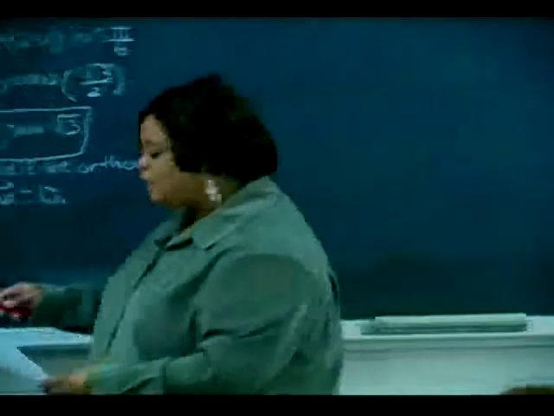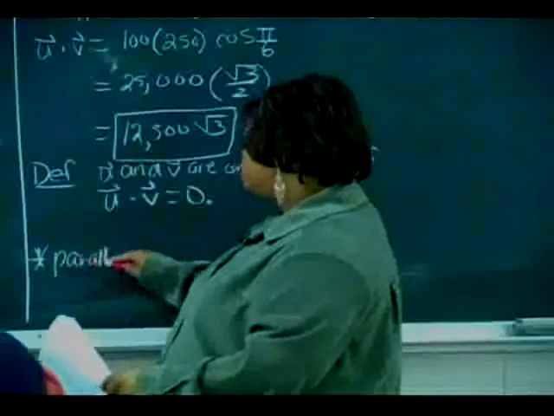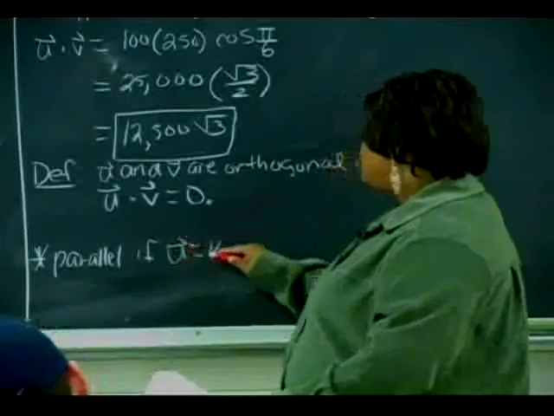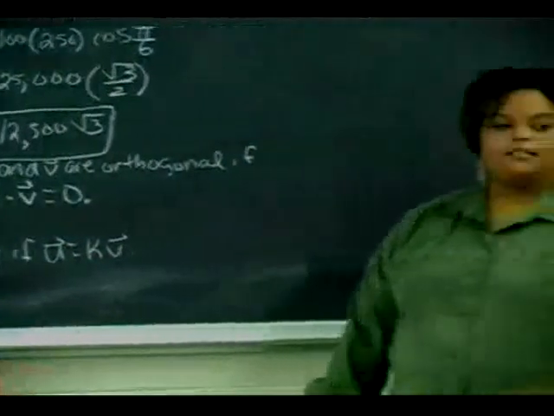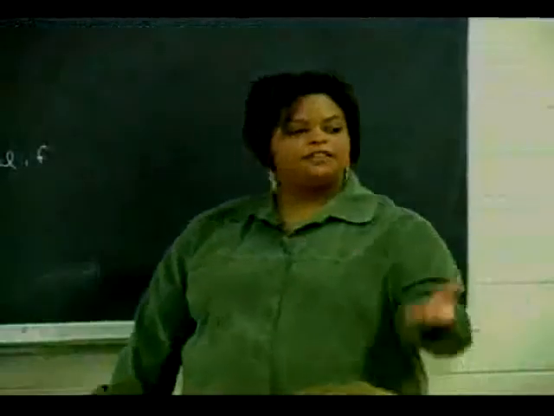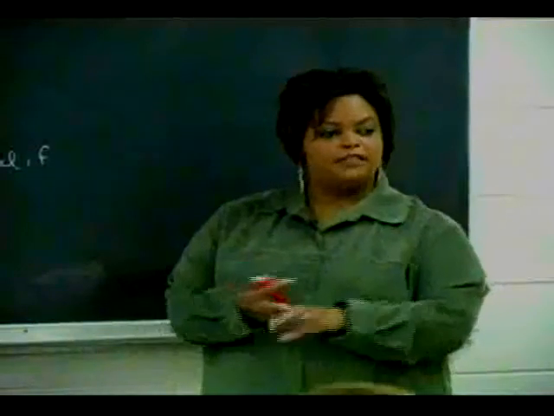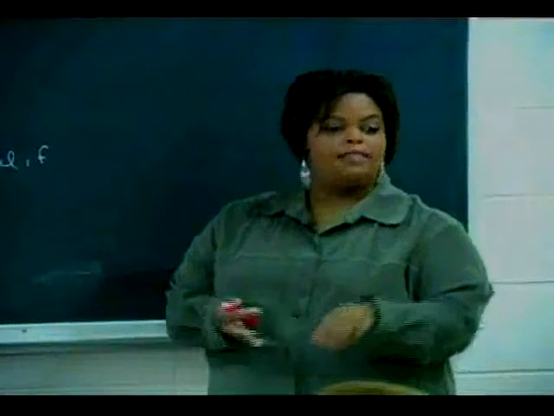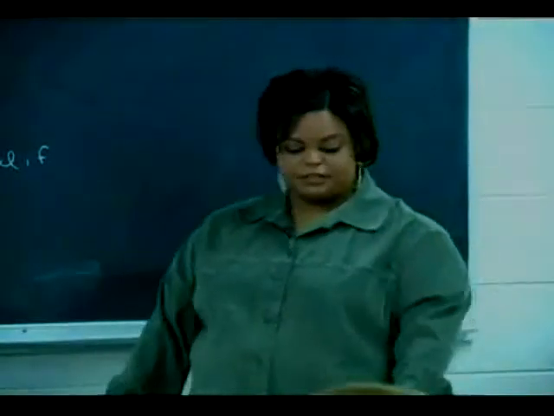So as far as parallel goes, they are parallel if U is some constant times V. So if the vector U is some constant times V, then they're parallel. But if their dot product is 0, then they are orthogonal. And if neither one of those situations happens, then they're neither.